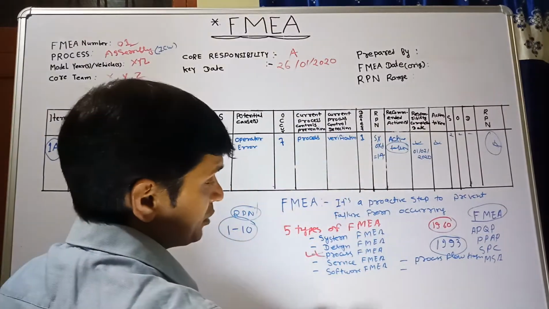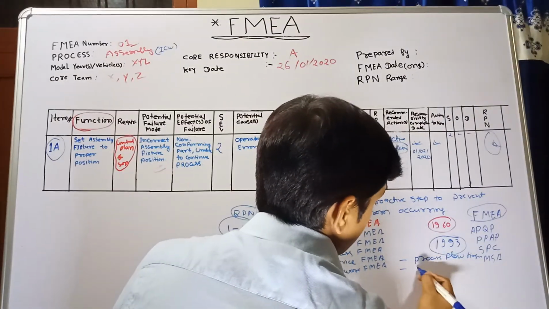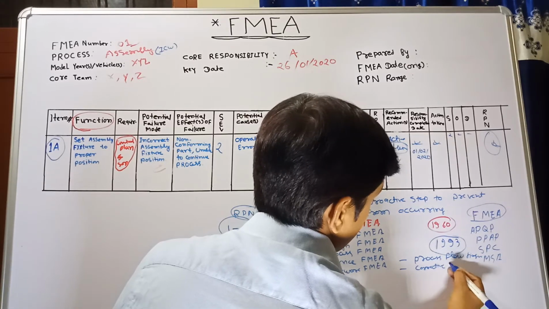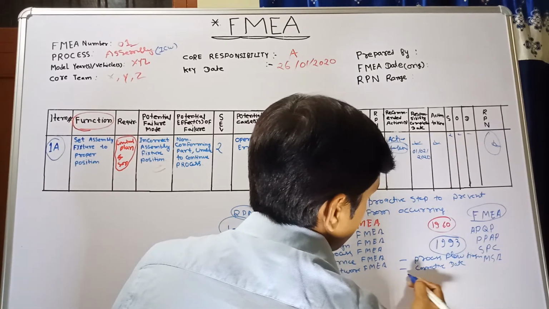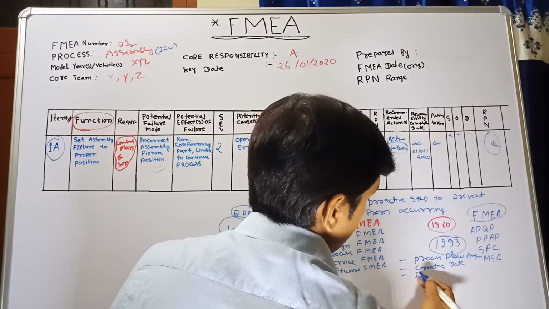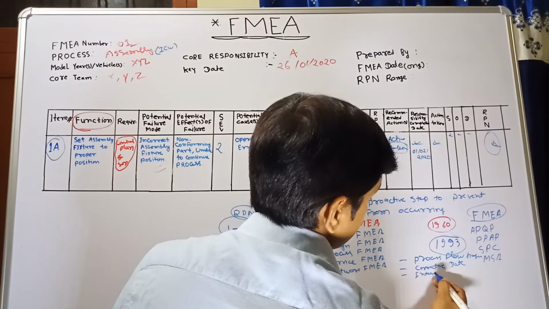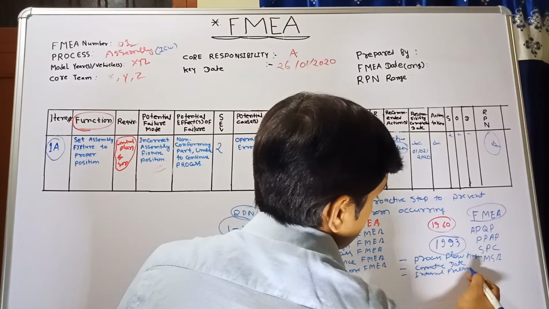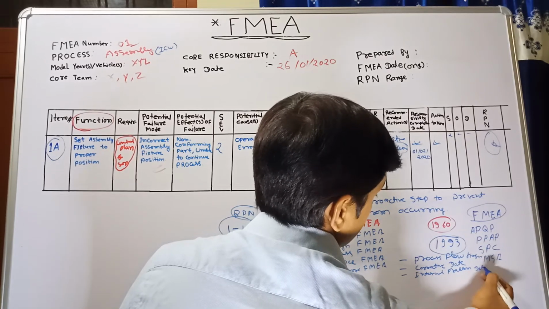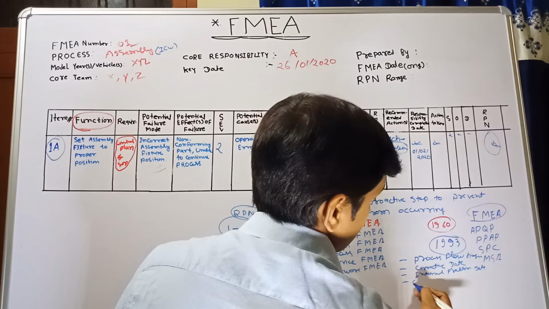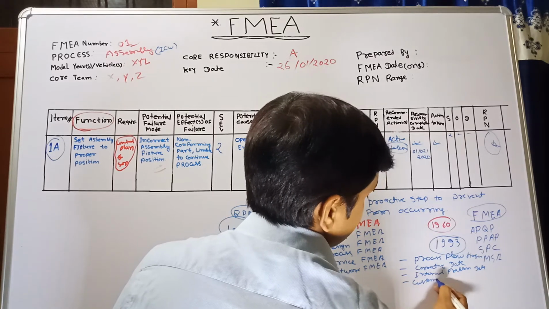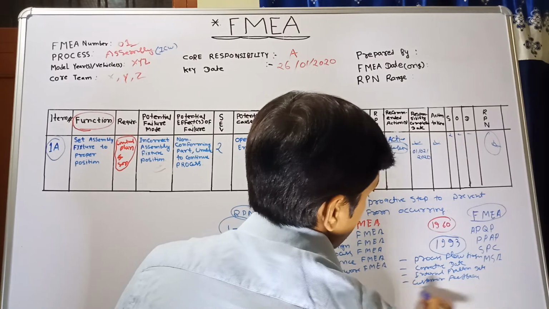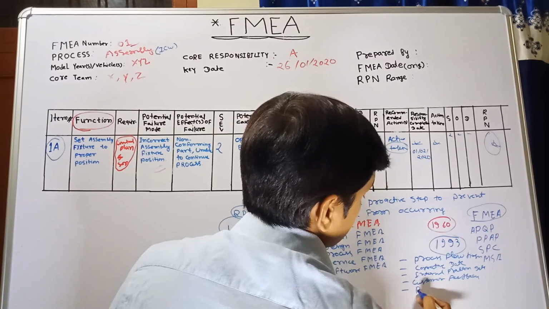The second most important thing is the corrective data. Third is the internal problem data. Fourth is the customer feedback. And last is the process knowledge.